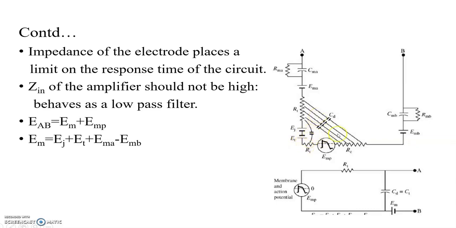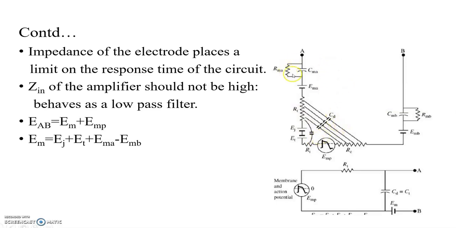RT is the resistance of the electrolyte filling the tip of the micropipette, which is very large. CD is the distributed capacitance existing between the fluid in the pipette and the extracellular fluid.